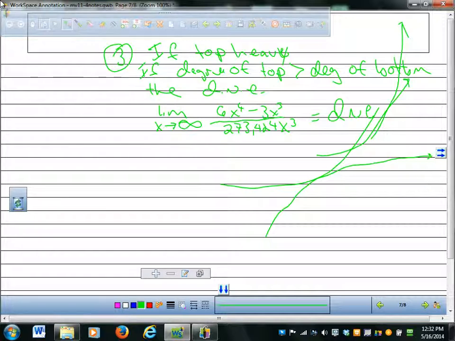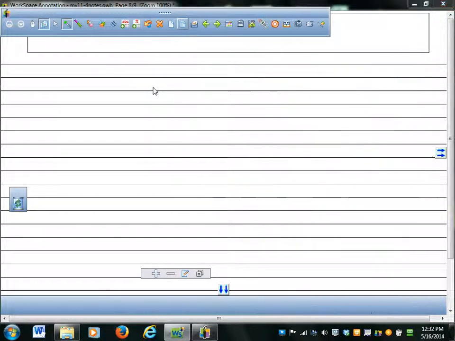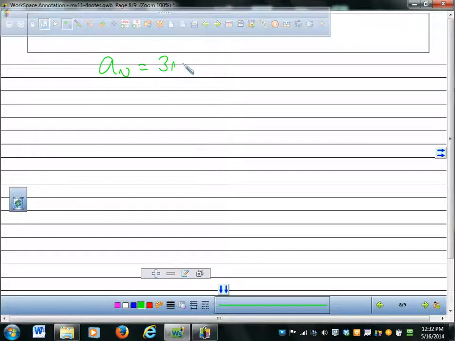There is one more thing. It's with series, remember we talked about series? If you have something like a series, a sub n equals 3n over 2. That gives you the terms.